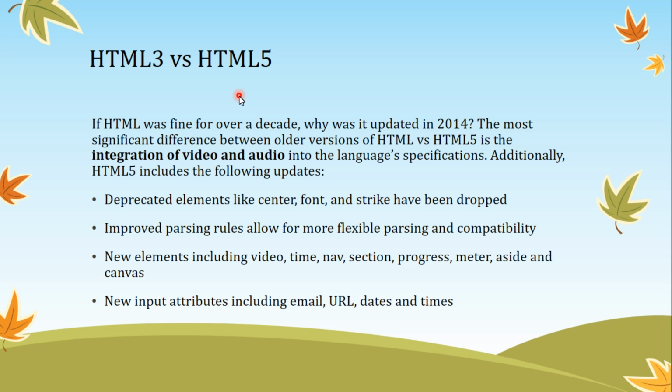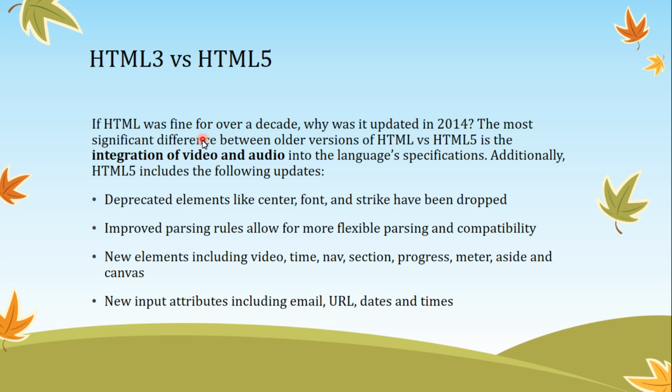If you want to know the timeline of HTML, you can check my previous video, where you can find out that the first version of HTML was in 1998, 1999, during that period, and after that, in 2014, HTML was upgraded to HTML5, that is, HTML5 was launched.